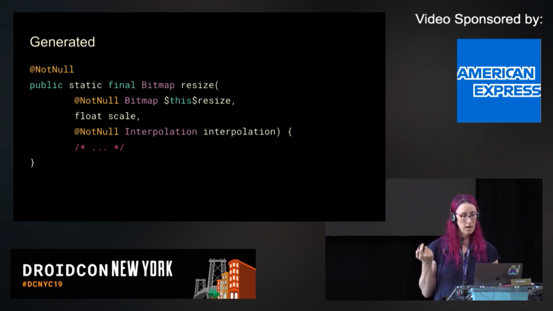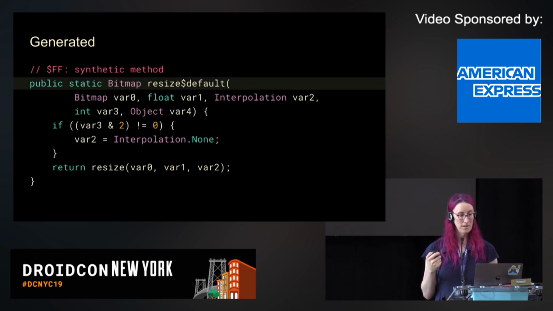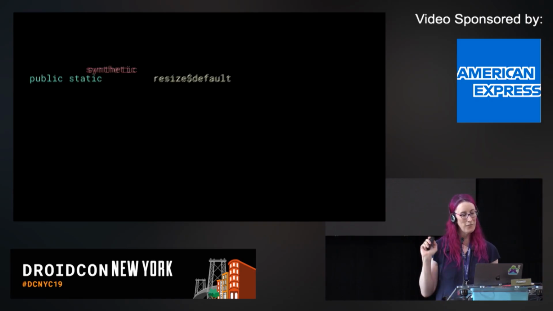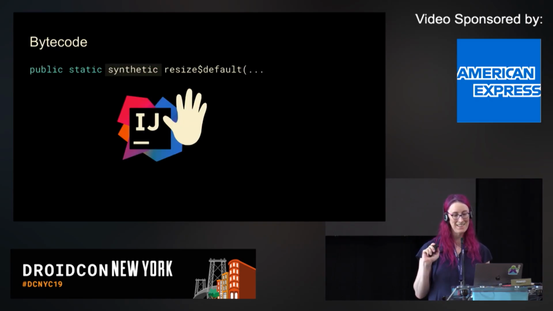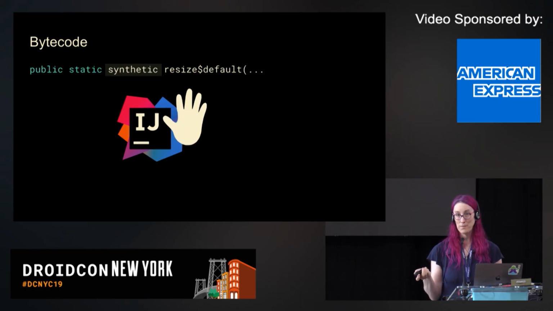And if we dig a little bit further, we'll see further on in this class that there is this second method that looks suspiciously like we could use it. But if we go in, we'll see that it's actually a synthetic method. A synthetic method is a method that's generated by the compiler.